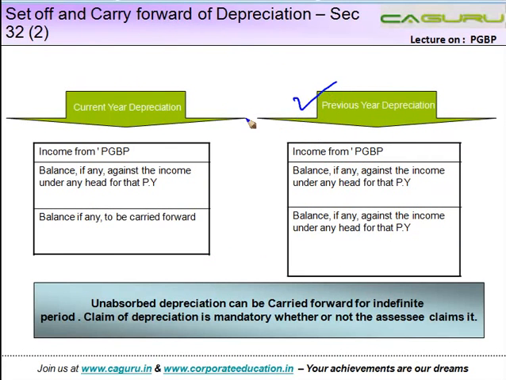Let's see what happens to this 10,000 when you carry it forward to the next year. Again, this 10,000 first has to be set off against income from profits and gains of business and profession. Balance, if any, against the income under any head for that previous year, which means that even for brought forward depreciation, for that 10,000 that you had brought, you can set it off against any other income even in the second year. There is no bar.